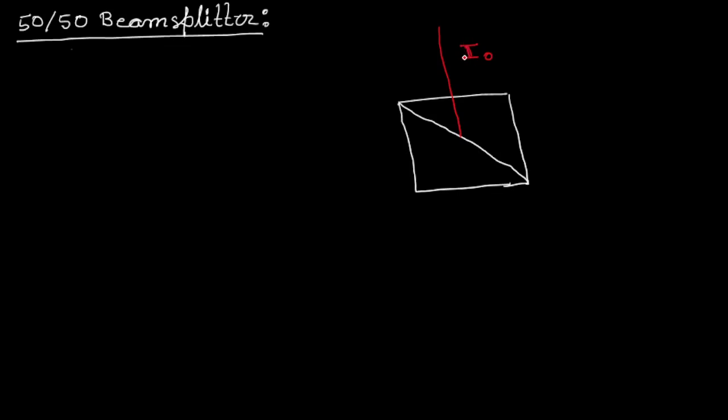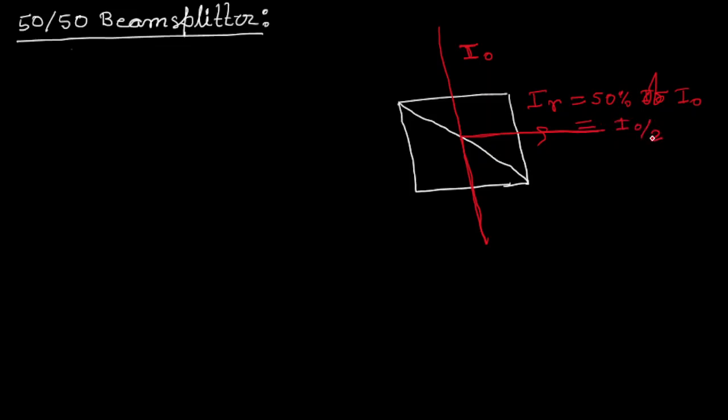So the incident light has intensity I naught, and then if it is a 50-50 beam splitter, 50% of the light will get reflected from this beam splitter. So this is the reflected light, and 50% of the light will get transmitted through this beam splitter. So this is the transmitted light. The intensity of the reflected light will be 50% of the incident light I naught, so this will be I naught divided by 2.